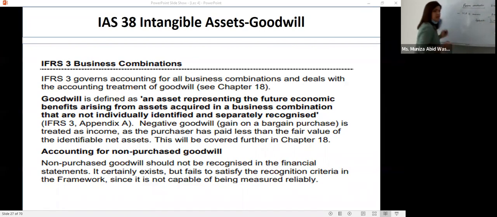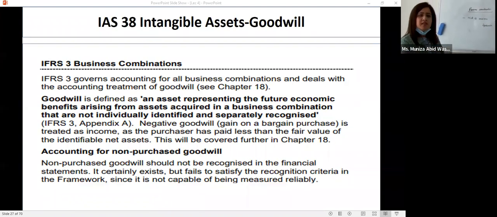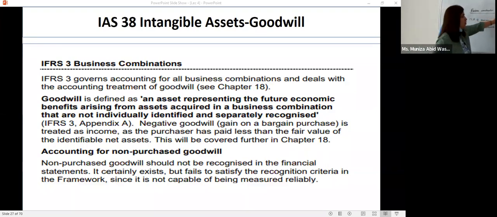When there is an already running business and we try to purchase it, we are purchasing its assets and liabilities also. The excess of assets over liabilities is known as net assets. So we are purchasing the net assets of the business. Obviously, we have to pay only this amount in order to purchase a business. But sometimes we are paying more.